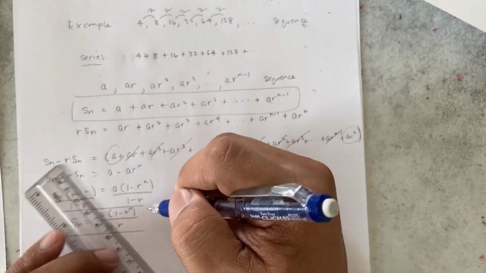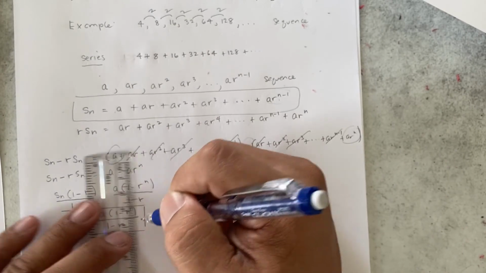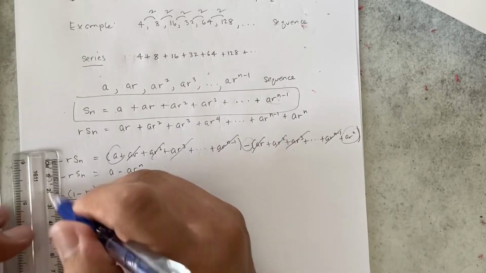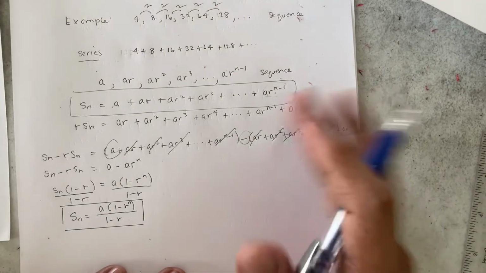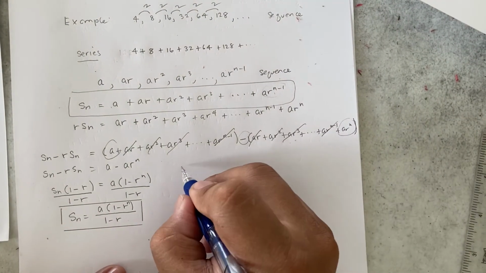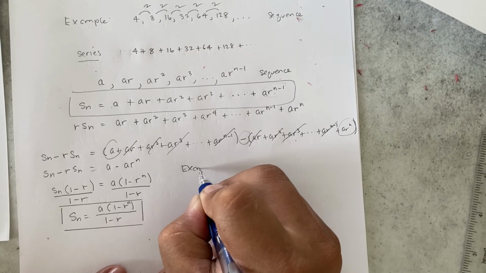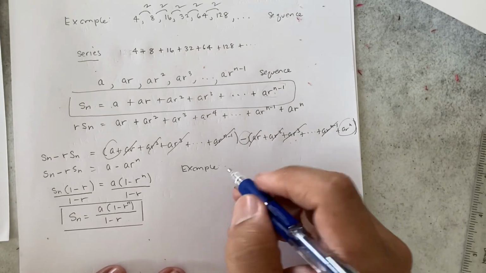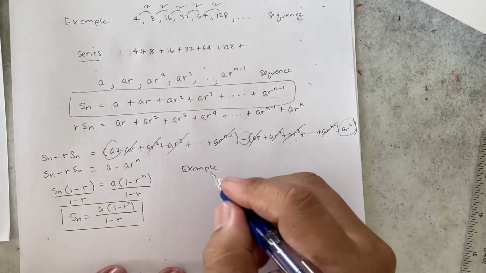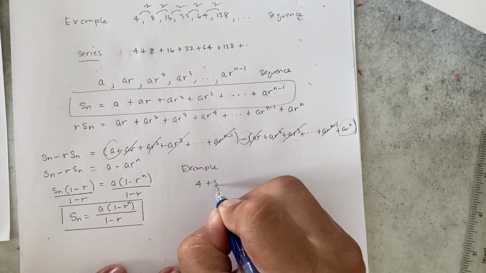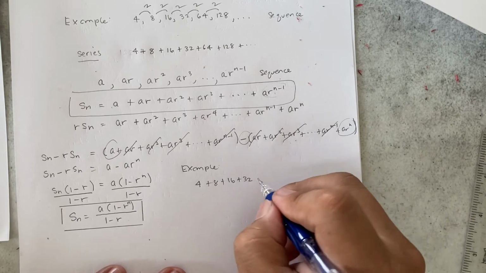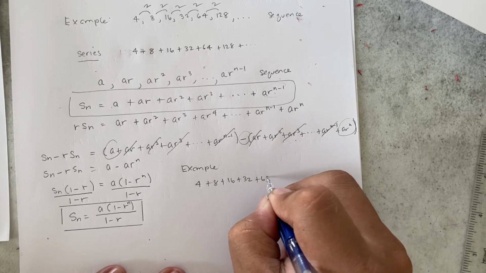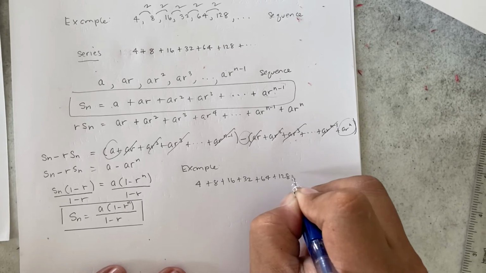And of course, formulas are good for verifying, so we're going to verify that. Let's take something really simple here. I'm going to use this one: 4 plus 8 plus 16 plus 32 plus 64 plus 128.